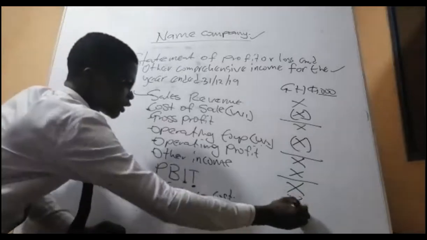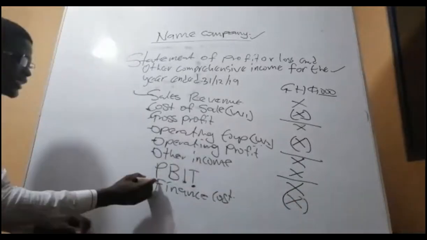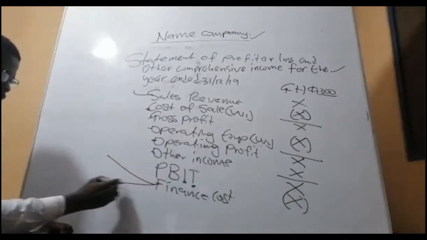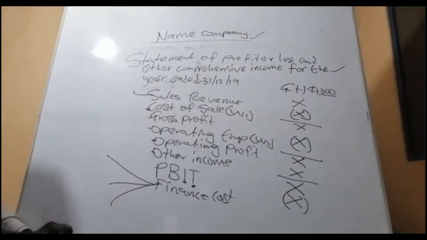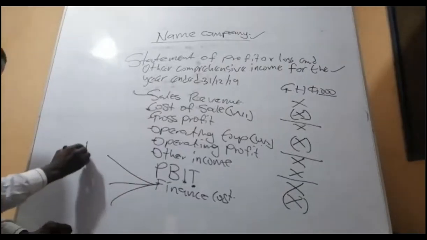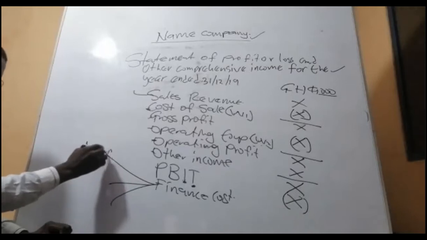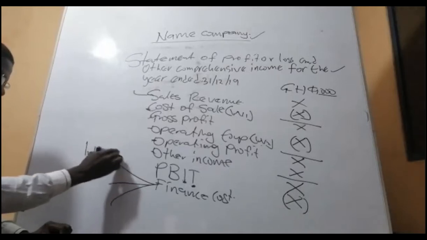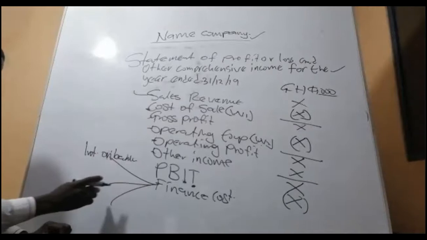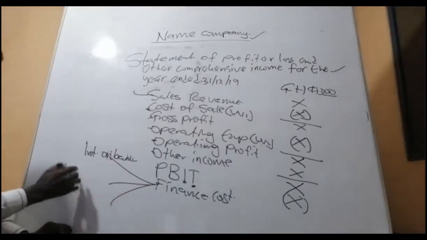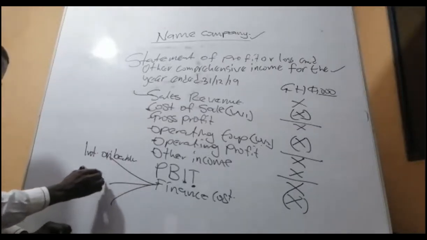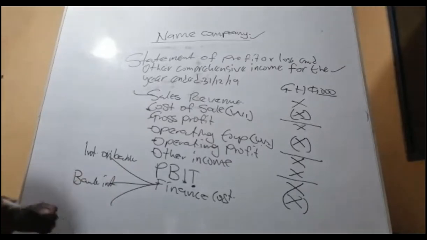So much. It includes all interest. Examples of finance costs: interest on bank loan, bank interest, interest on overdraft.